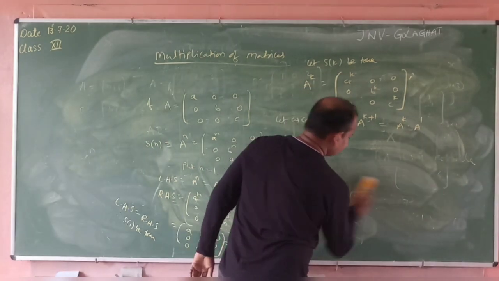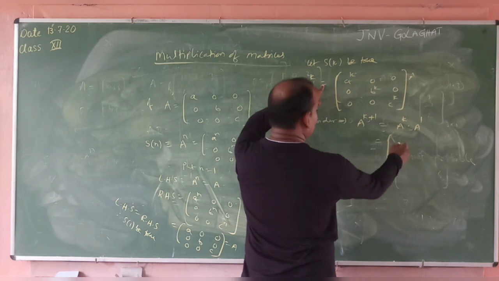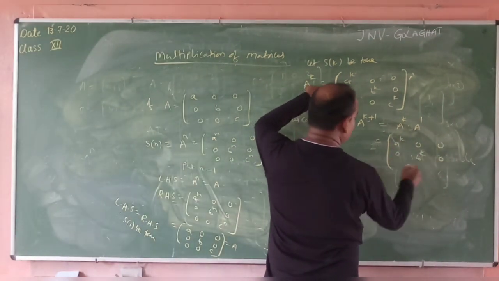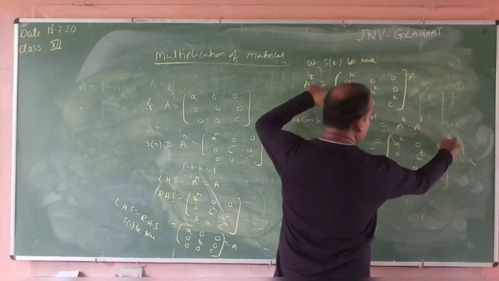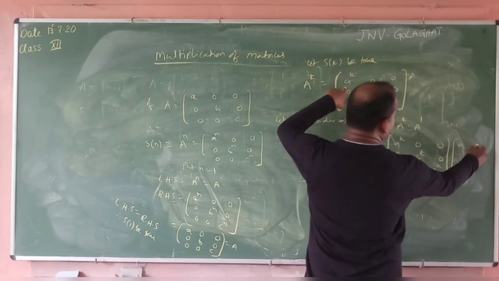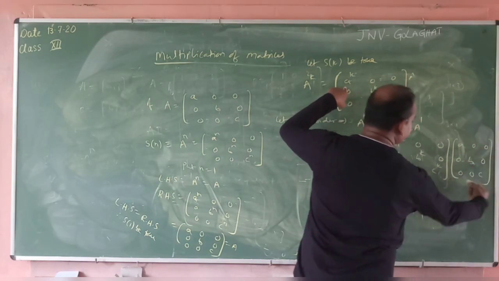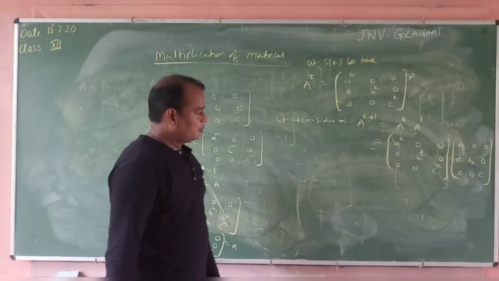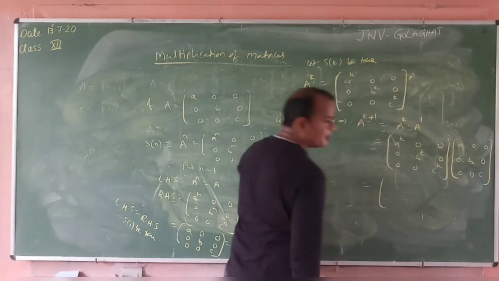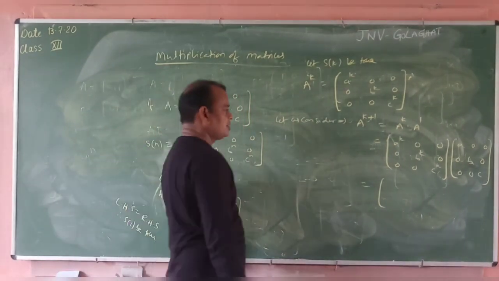A power k we already found: the diagonal matrix with A power k, B power k, C power k, times A, the diagonal matrix with A, B, C. Now multiply, general multiplication. This is 3 by 3 and that is 3 by 3, square matrices, so the multiplication is 100% possible.